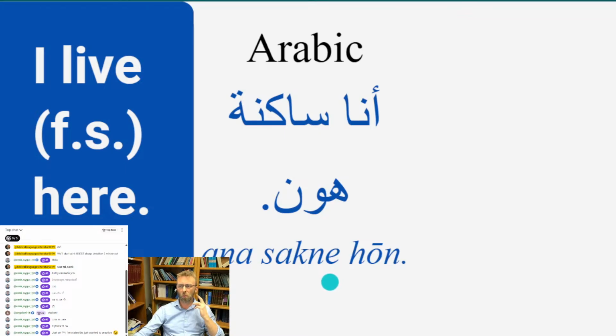Well, what you find in Levantine Arabic is that for feminine singular words, sometimes the e sound is the feminine singular ending, and other times it's the a sound. You're going to see both, and I'm not going to get into the rules and the patterns for it, but for now, just understand that this final e in the transliteration is a feminine singular mark. Ana sakne hon.